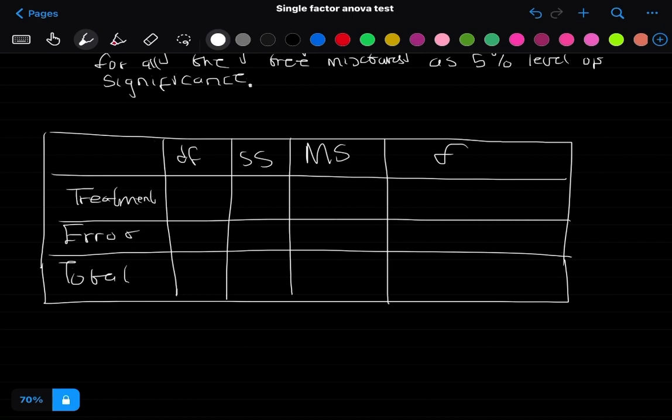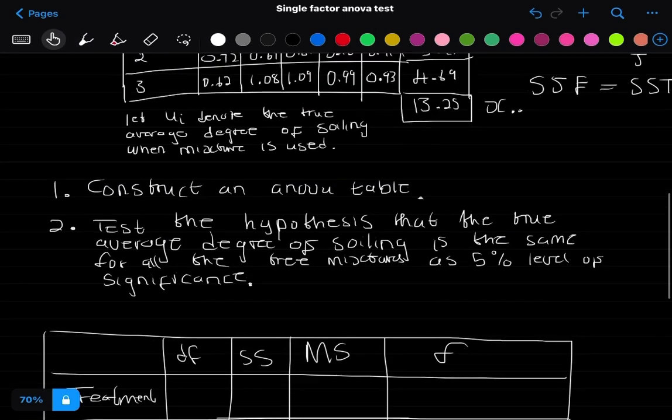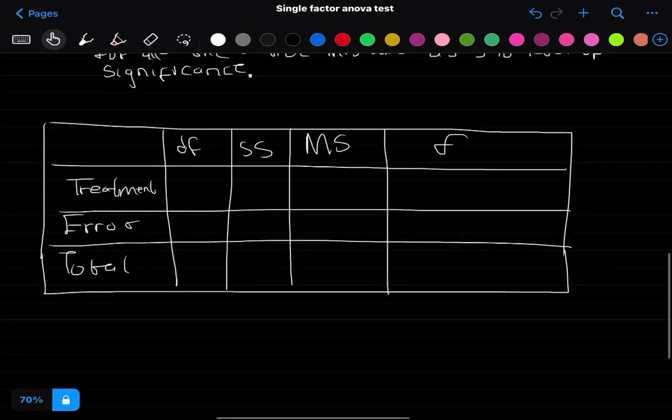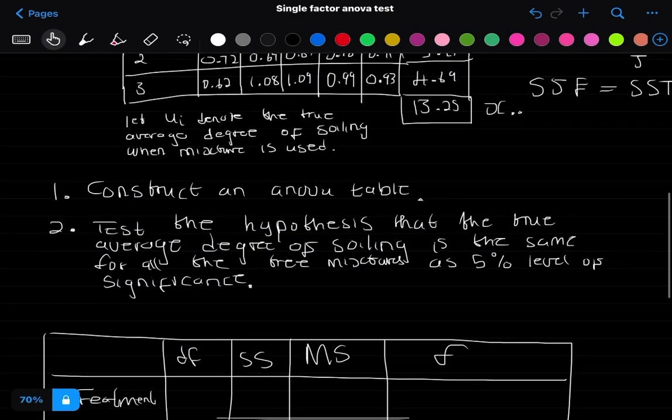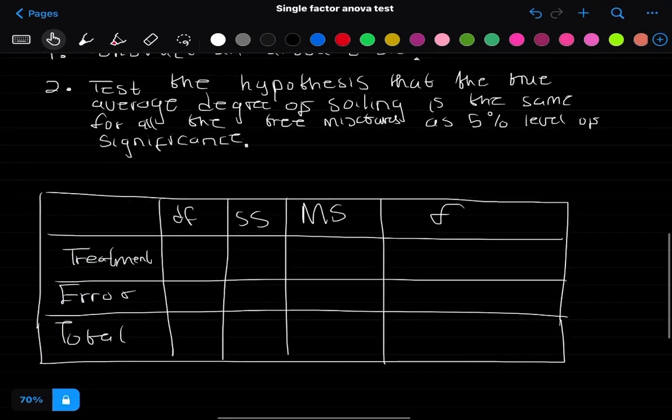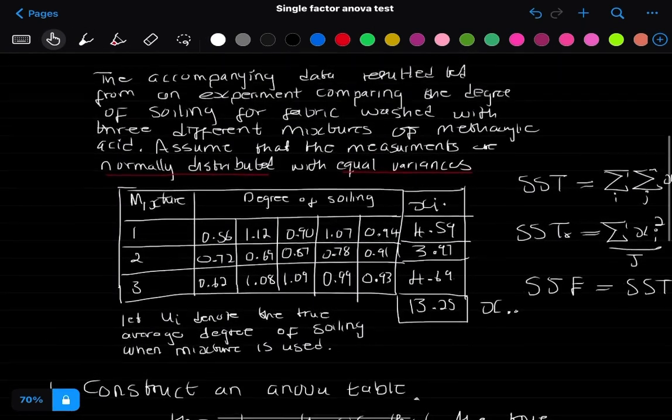So we'll have to find the degrees of freedom for treatment. Treatment is a sample. The number of samples that we have here is I. We have got a sample I with J columns. So I is 3 and columns is 4. So you come here and you count.